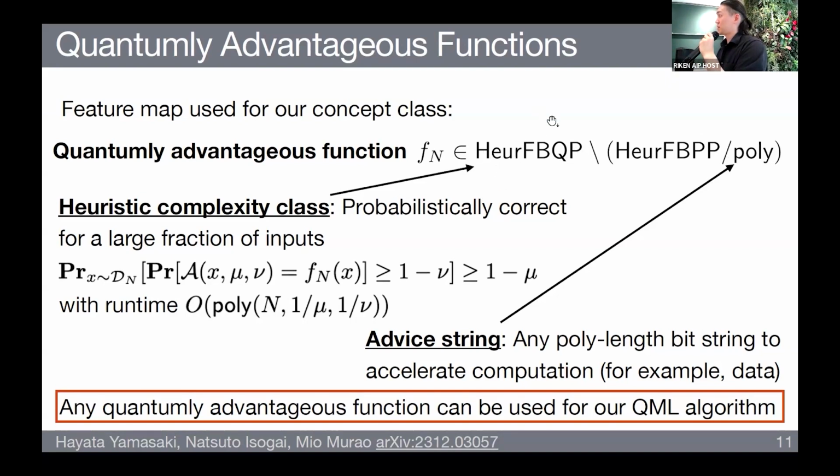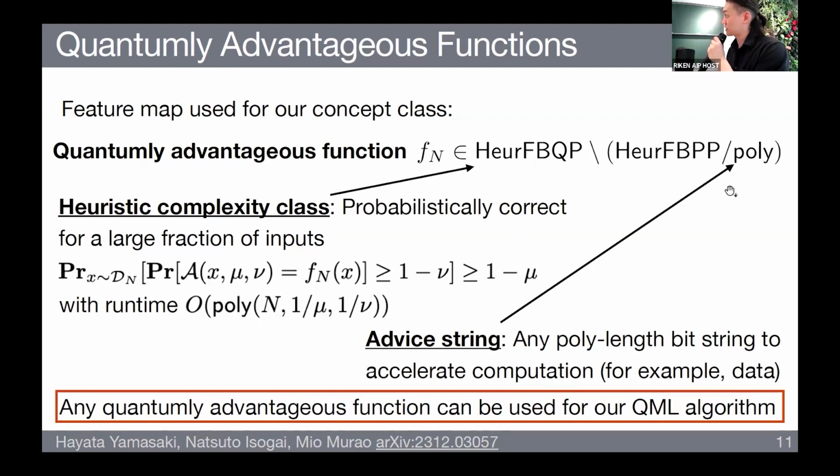Here we consider a heuristic class, which means quantum computation can compute such a function on a large fraction of inputs, but not in the worst case. Roughly speaking, on average, quantum computation can compute such a function. This is called a heuristic complexity class in computational complexity theory. We need to take such a heuristic complexity class to analyze the probabilistic task of learning. So the quantum advantage function should be quantumly computable for a large fraction of inputs, but classically not computable for a large fraction of inputs, even with some advice string.